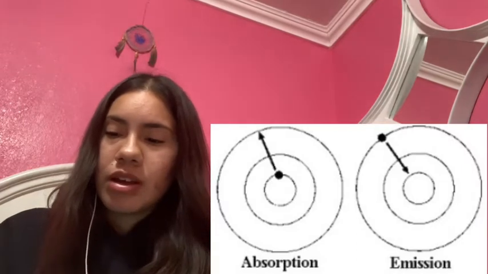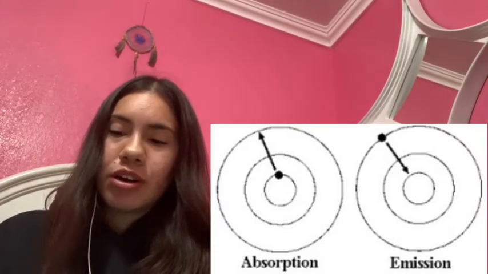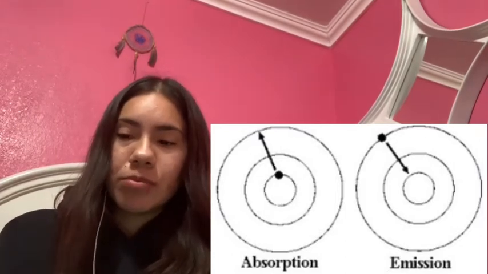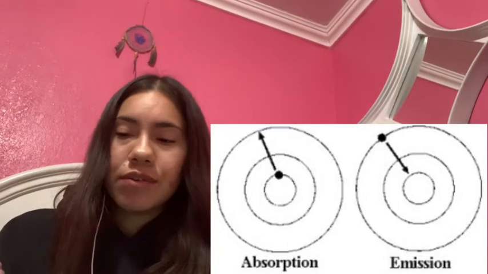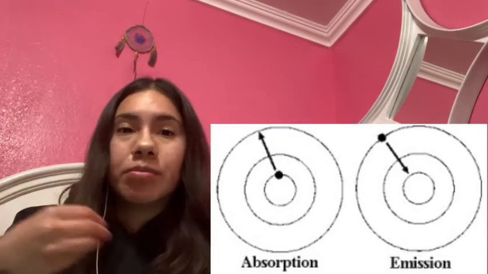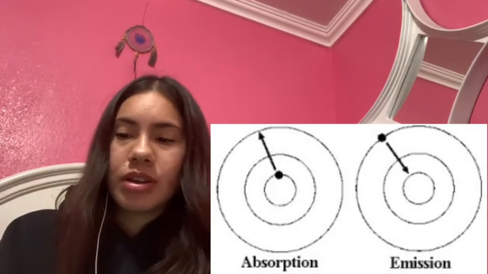In the second image, with absorption and emission, we see how when the electron absorbs energy, it moves to the third energy level, but when it emits energy, it moves back down to the first orbital. That's how they move. You have to gain or release energy.